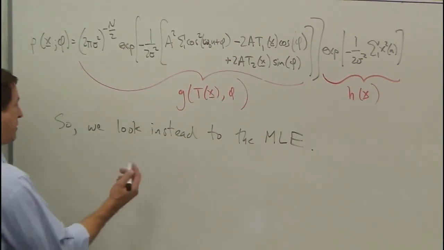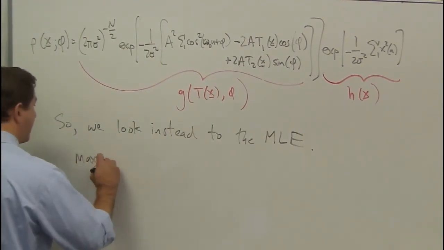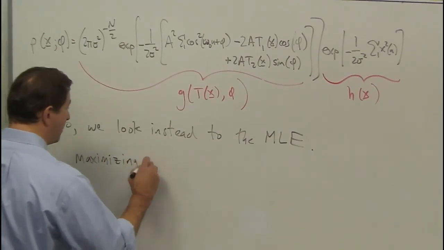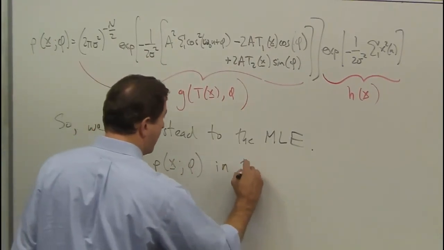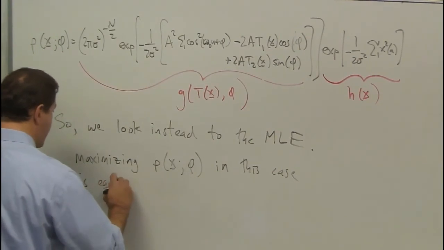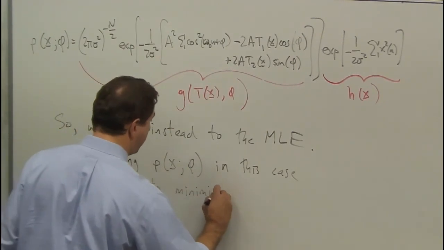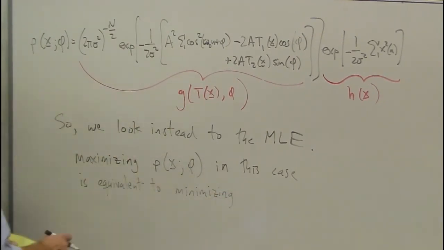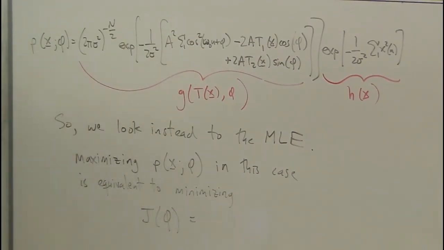And if we look at this, maximizing the PDF in this case is equivalent to minimizing, and I'll write this as J of phi. We've got a Gaussian density. There's this 2 pi sigma squared to the minus n over 2 factor up front that doesn't change anything.